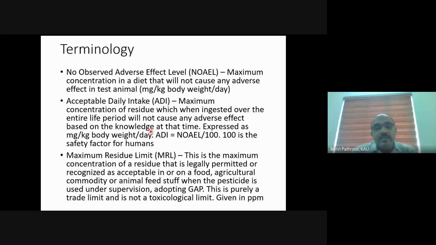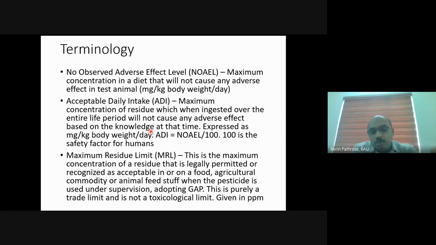No, we can't say that. Because after it is released into the market, we will get data from different people, and that data may point to some sort of adverse effect. In that case, we should go for a review. So that is based on the knowledge at that time.